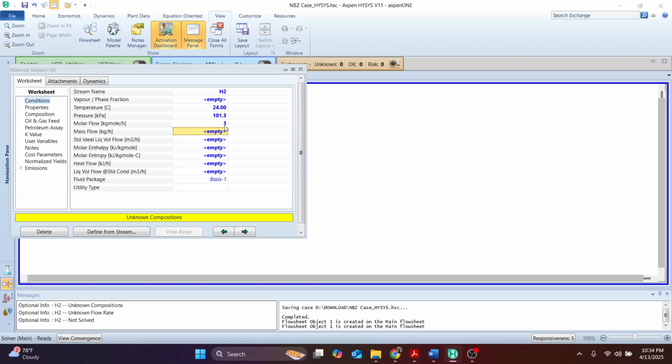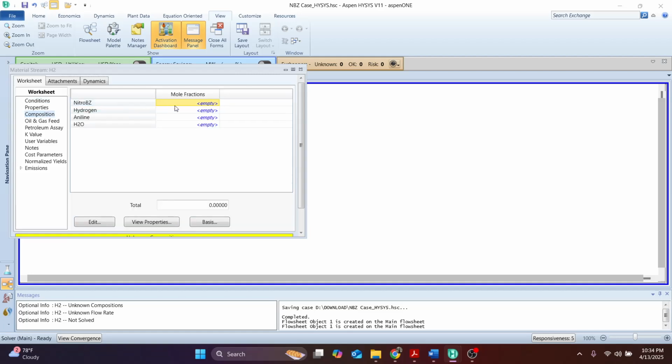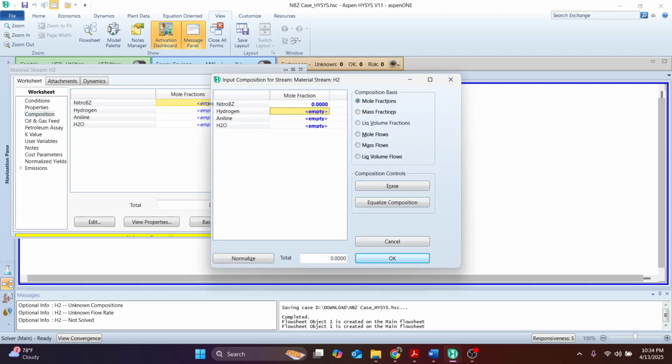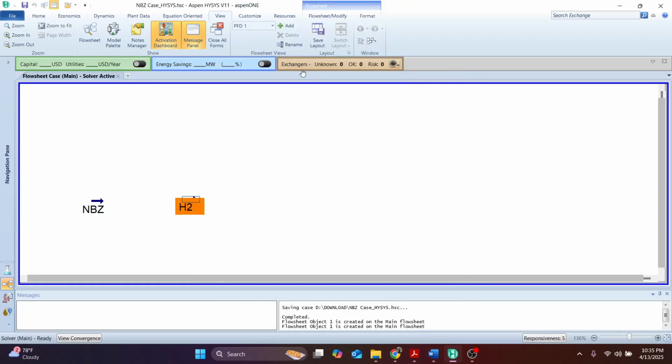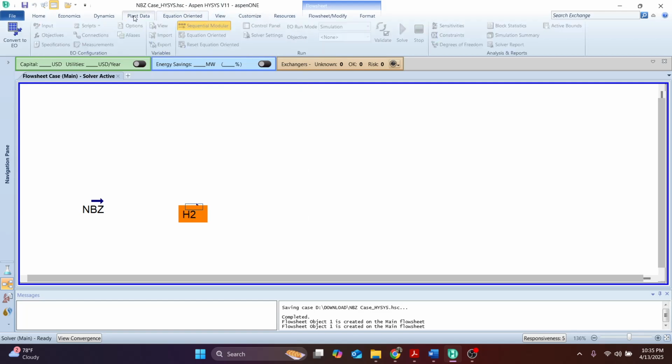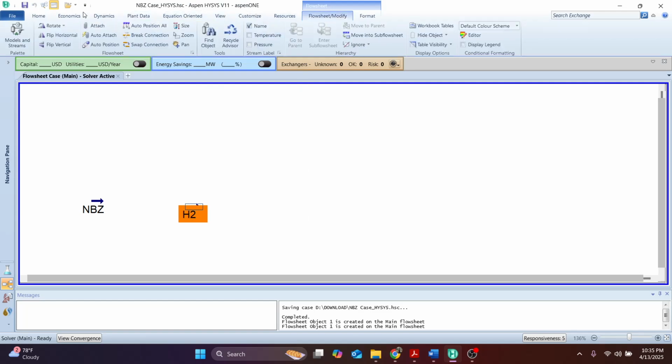Okay, and then the molar flow will be 3, and then the composition here. Okay, double click. Okay, 0, and then 1 0 0. Okay, everything now is looking good.